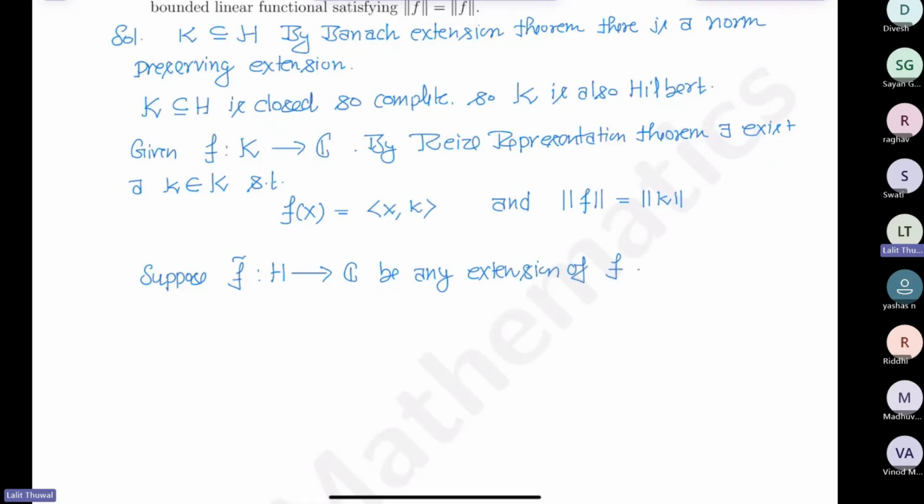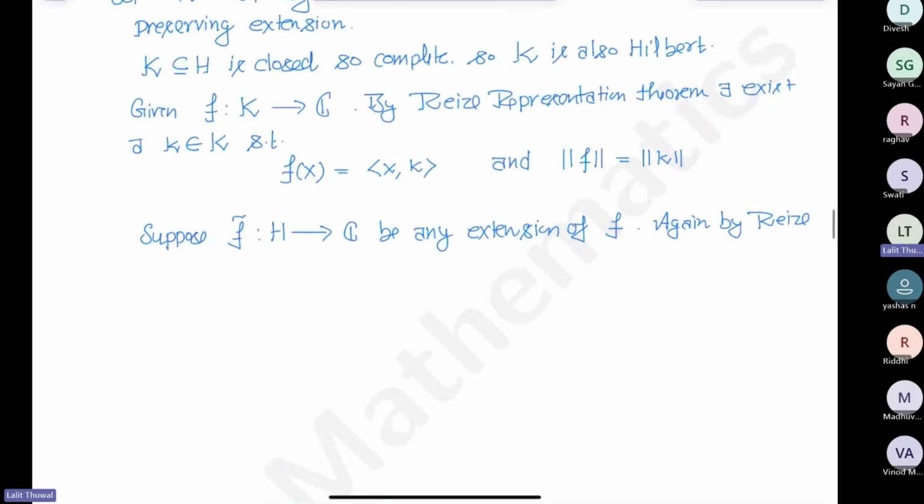But again using Riesz representation theorem, there exists an element in H such that, now that need not be the same x_K, but we will prove that that is equal to x_K. That will prove the uniqueness.